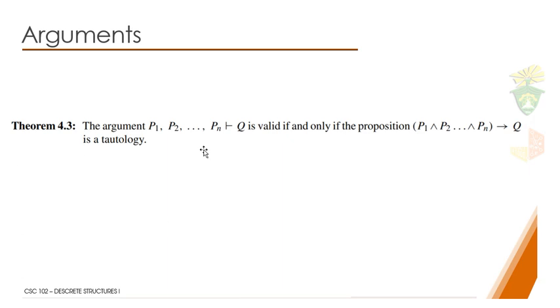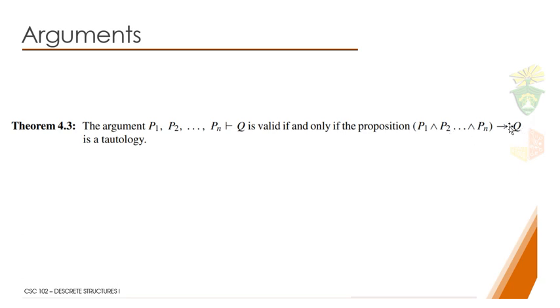Okay, so here is the theorem you should always keep in mind. The argument P1, P2, up to Pn with conclusion Q is valid if and only if this one is true, meaning it is a tautology.